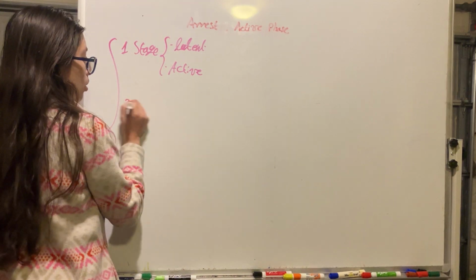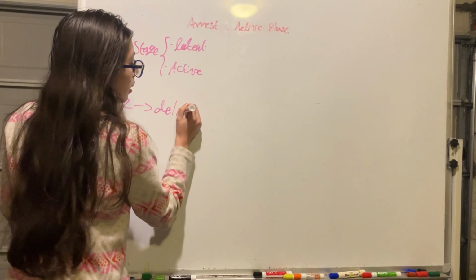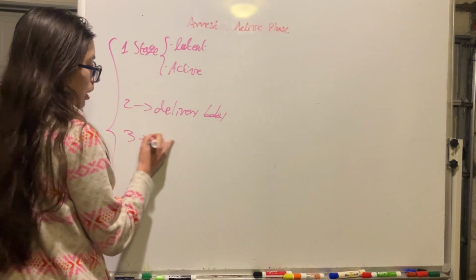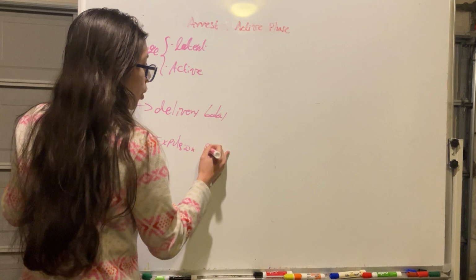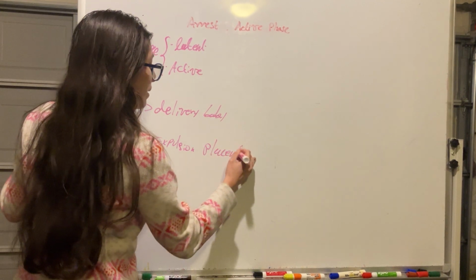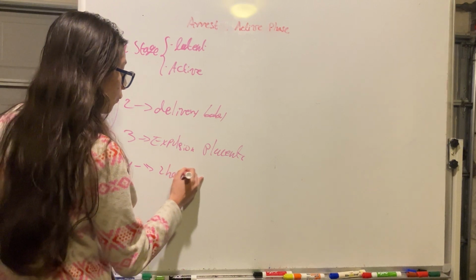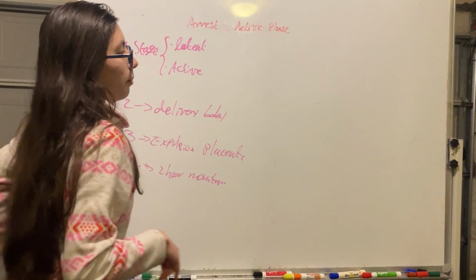We have stage 2, which basically is the delivery of the baby, and we have stage 3, which is the expulsion of the placenta, and stage 4, which is not truly a stage, but is a 2-hour period of monitoring of the mother's vital signs and vaginal bleeding.